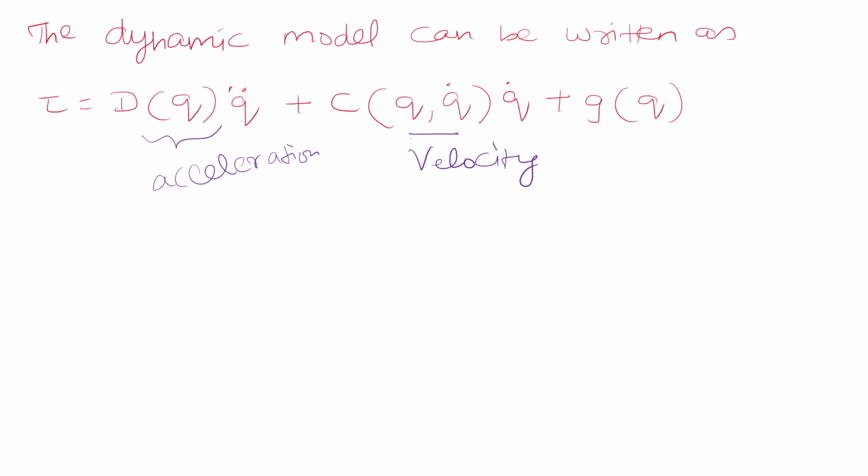Let us take a simple example to explain the centrifugal and Coriolis forces. Take a merry-go-round. It is heavy, so it needs more force to move or stop, which is what we call the matrix D of q.